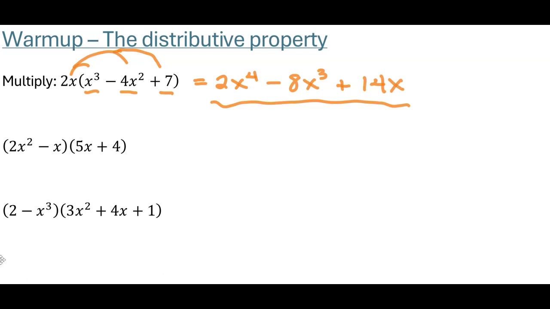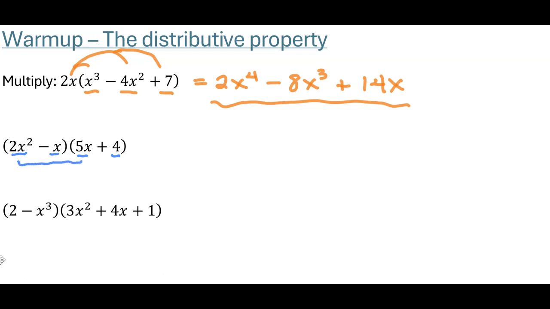The next one is a little bit more standard for what we're going to work on. We're trying to multiply a binomial with two terms, that's what binomial means, by another binomial. So both of the factors have an addition or subtraction in them. There is a shortcut for this.